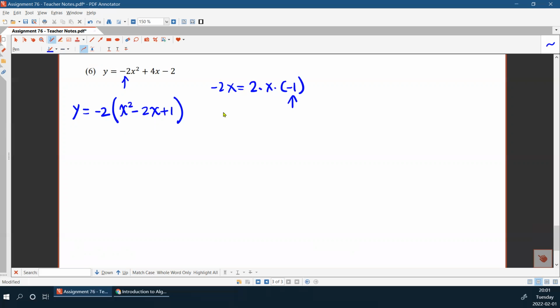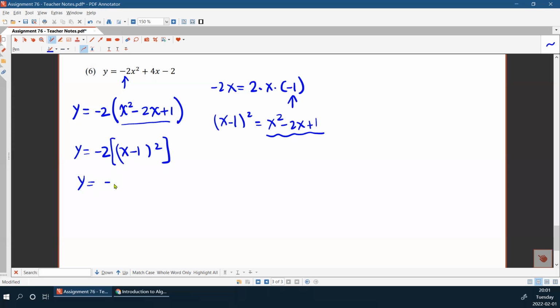So you can try (x -1) squared to substitute the expression in brackets. And if you expand it, you will get x squared minus 2x plus 1. And it is obvious that this expression is exactly the same as the expression in the brackets. So that means this is rewritten as -2 times (x minus 1) squared, right? Which is y equals -2 times (x minus 1) squared.